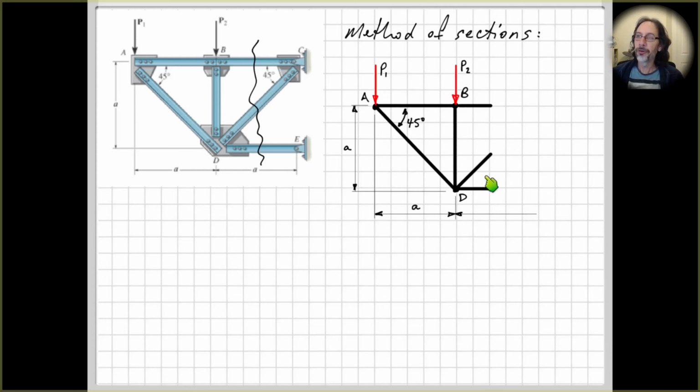So we've now got a free body diagram of the left-hand side of the cut as a whole rigid body. And we're now going to apply the equations of equilibrium for that. So remembering that each of these members are two force members because we've assumed pin connections, we know that the forces at each end are going to be just along the lines of the three members. Okay, so there's no bending in here.